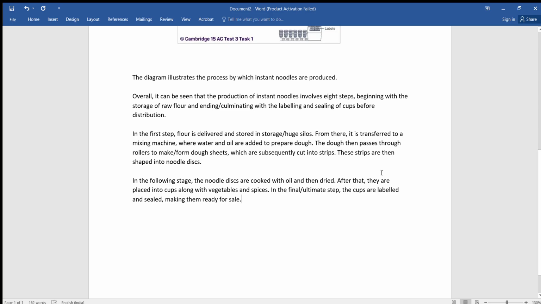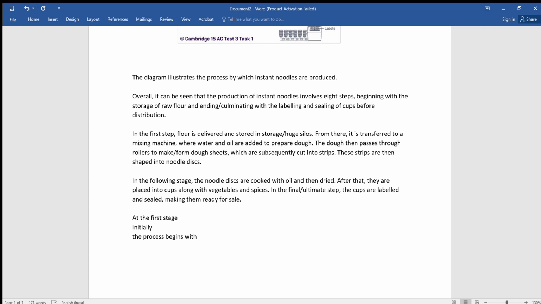Okay, so now I am discussing the connectors that you can use in these types of tasks. First of all, you can say at the first stage, or you can say initially, or the process begins with.